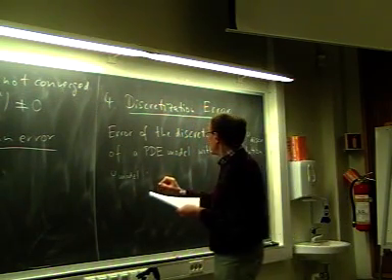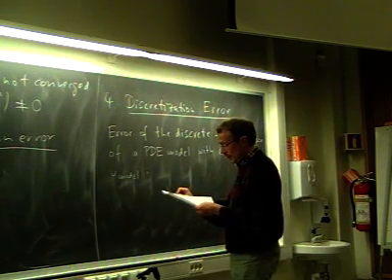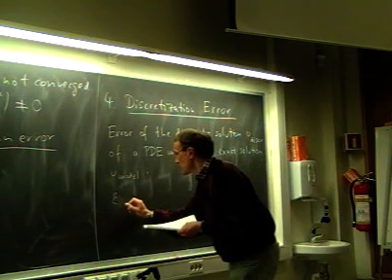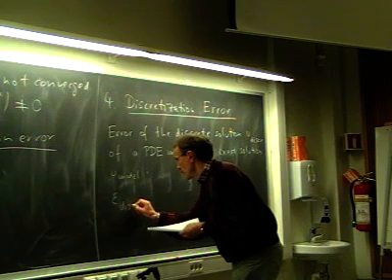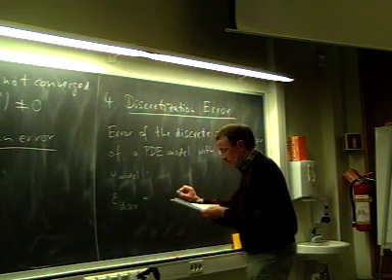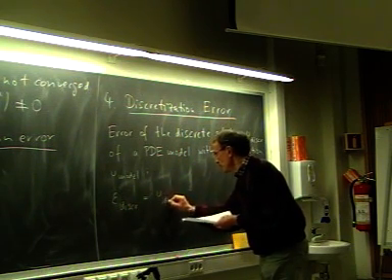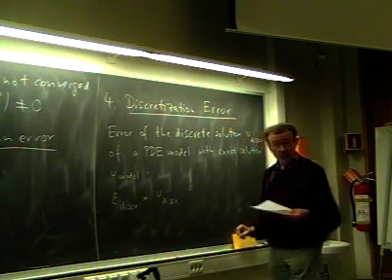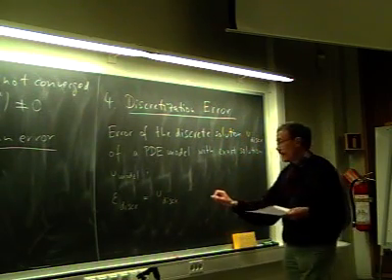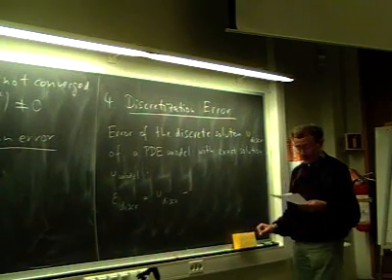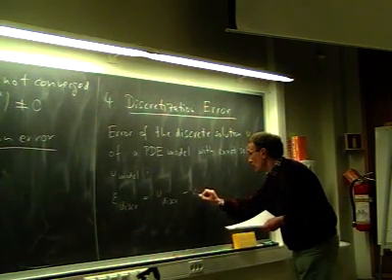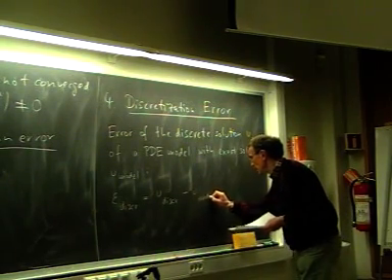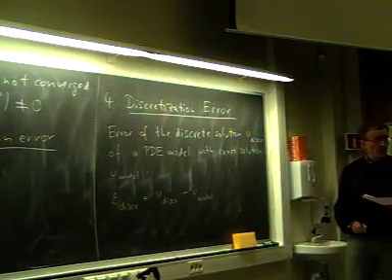Then we can identify this discretization error, epsilon discrete, as equal to the discrete solution that we have computed with our numerical method by discretizing the PDE model, and then we take the difference with respect to the exact solution of the PDE model.